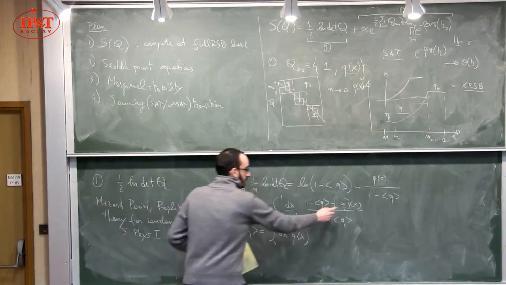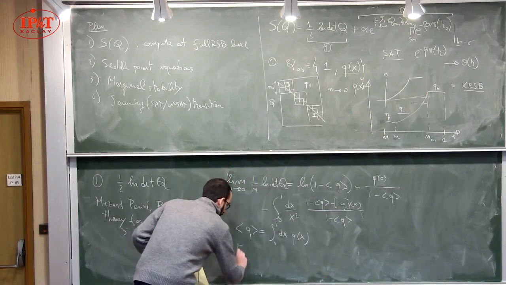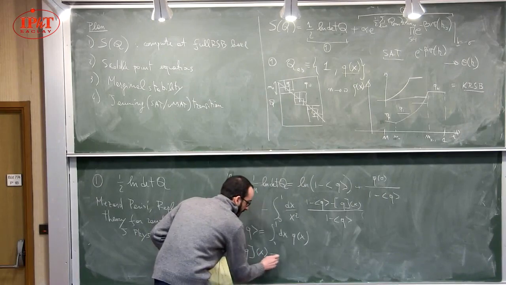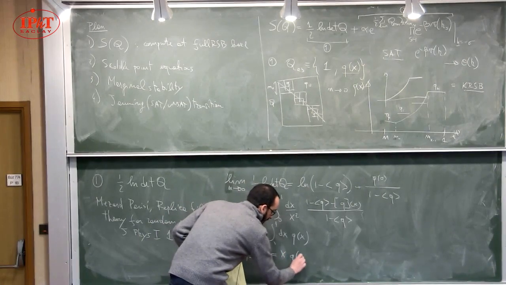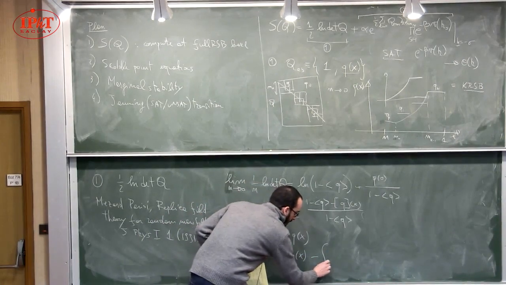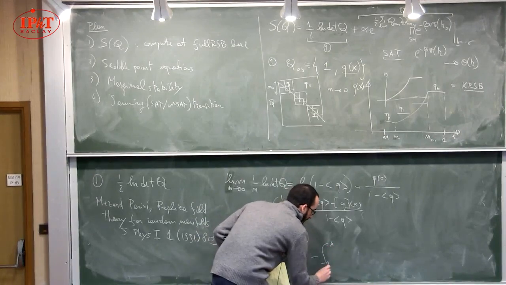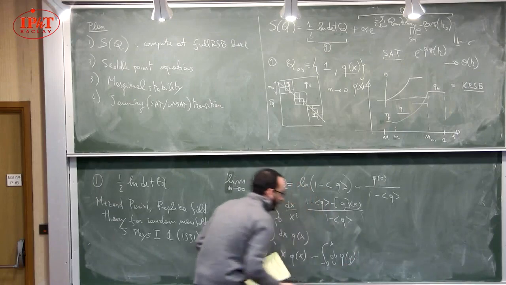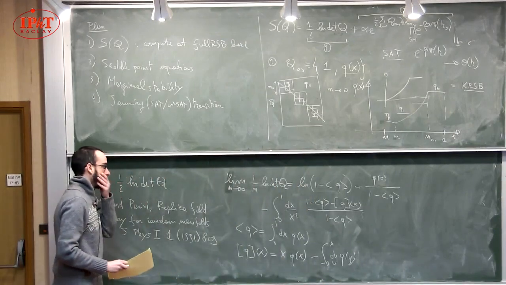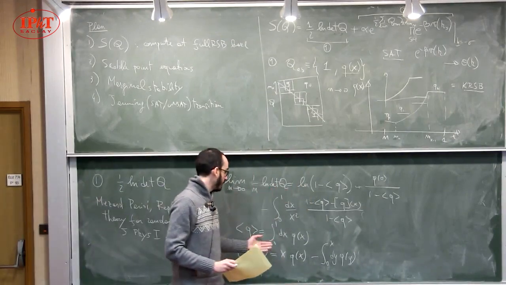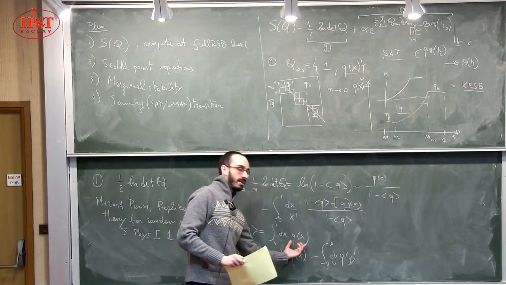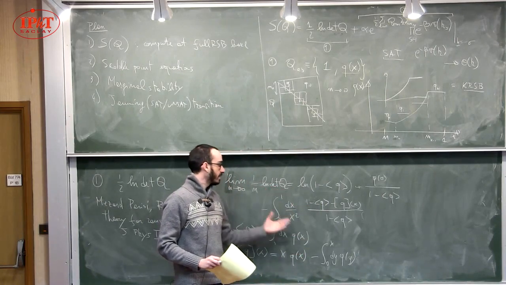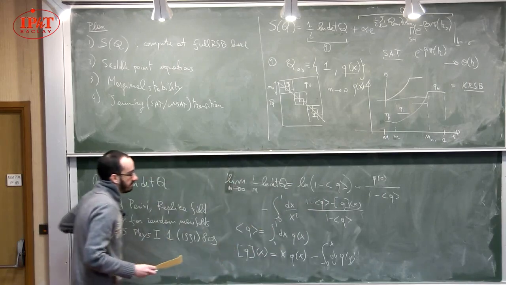And this function is just x q of x minus the integral from 0 to x of y q of y. So this is the formula. If you have the profile q of x, then you can compute the log of the determinant with this.